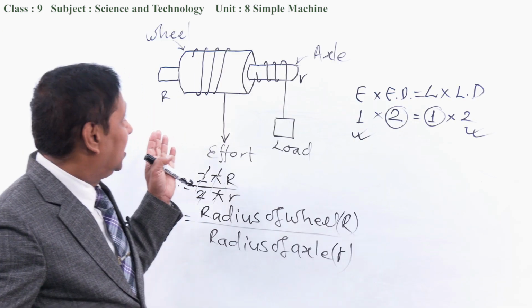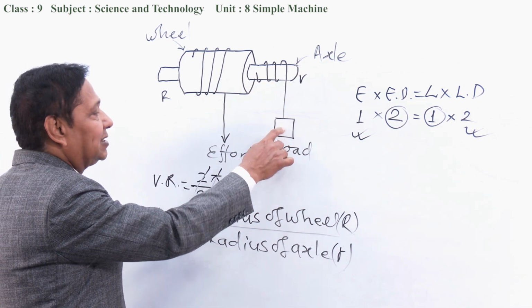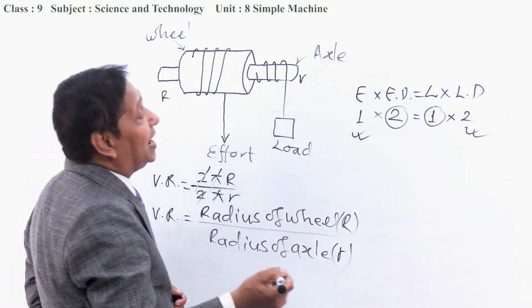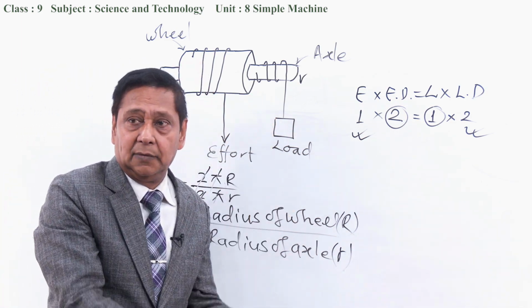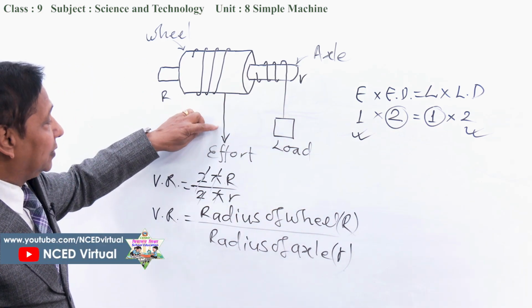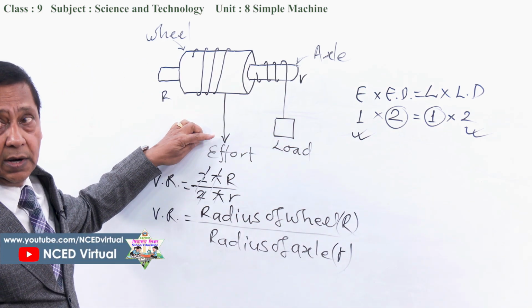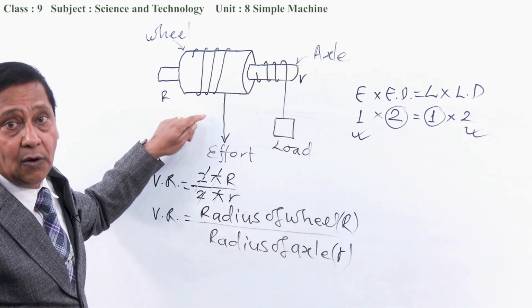Again, check it out. If we had to apply force to raise it in the vertically upward direction, then with bare hand certainly we'll pull it this way, vertically upward direction. But using this simple machine, we are applying force in the downward direction. What it means? It means this simple machine is changing the direction of force.